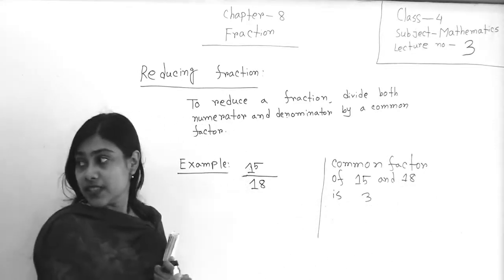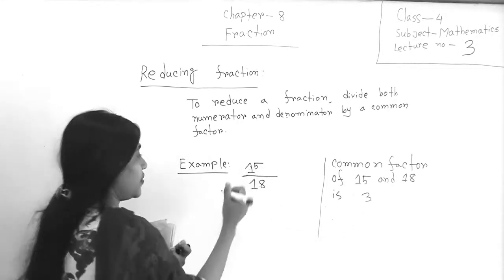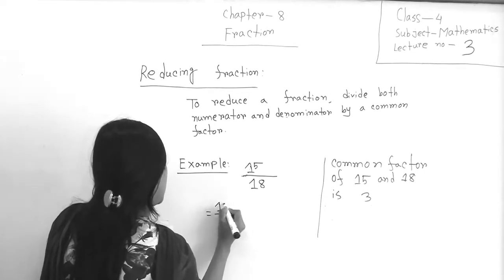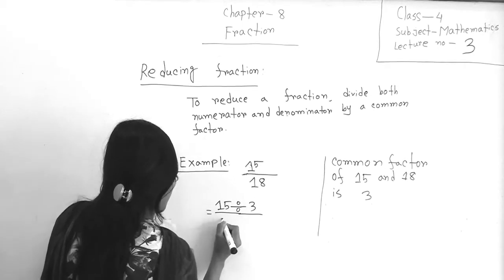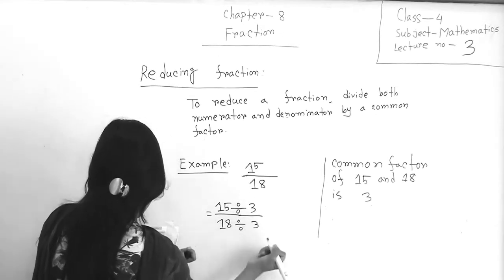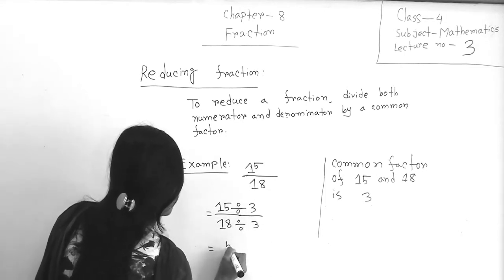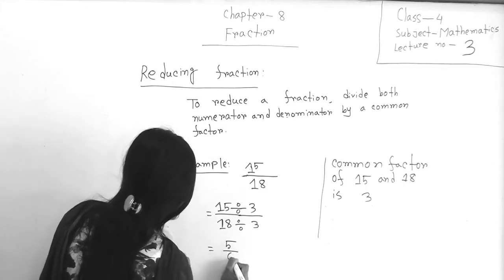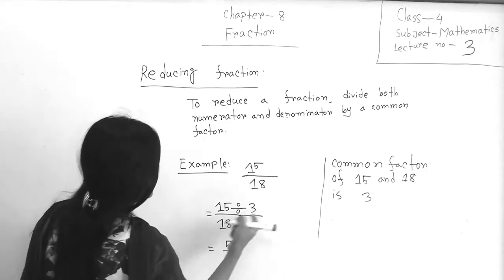So, this 3 is dividing both numerator and denominator. 15 divided by 3 and 18 divided by 3. Get result 5 divided by 6. This is the division method.